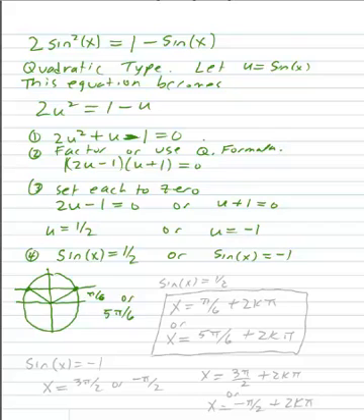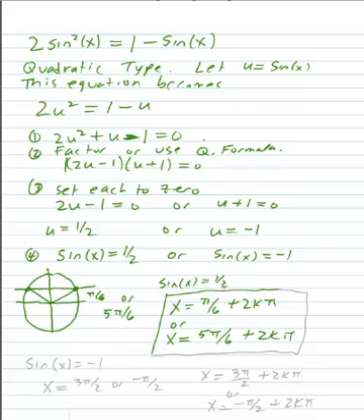So we would have two solutions to the first equation. The sine of x is equal to 1/2 gives us x is pi over 6 plus 2k pi, or x is 5 pi over 6 plus 2k pi.